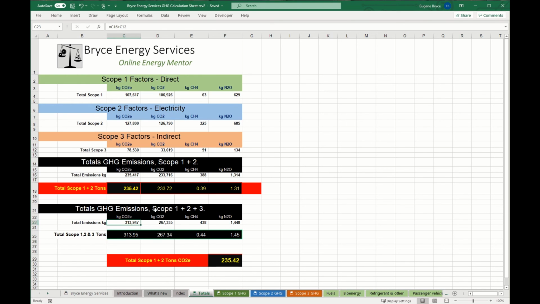You add in scope 3, and that gives us a total of 313.95 tons. But for most formal reporting, your requirement is simply scope 1 and 2, but to understand the entire impact of the business, you should be including your scope 3 and looking to reduce all the carbon amounts.